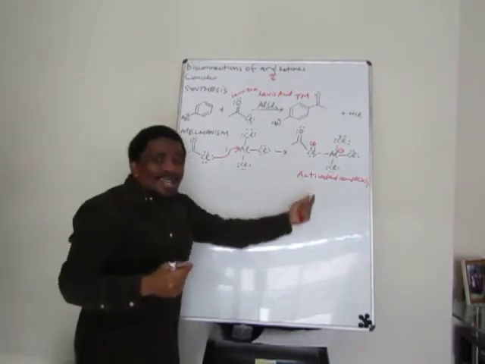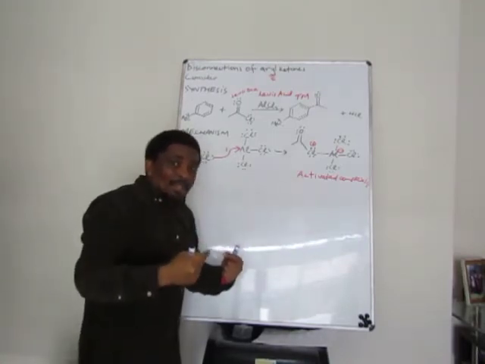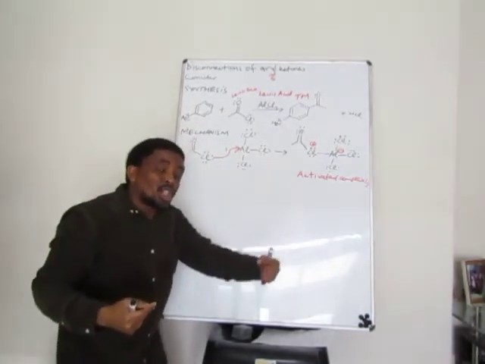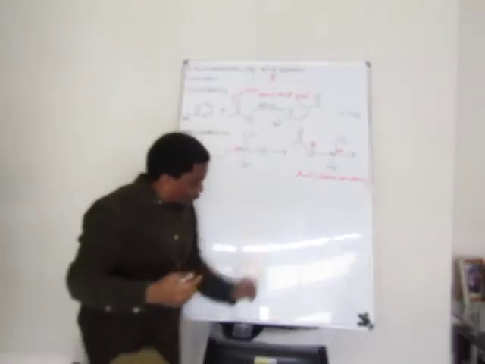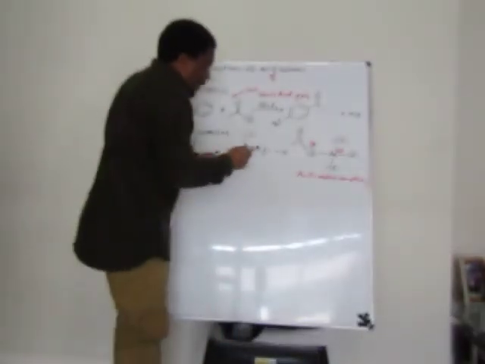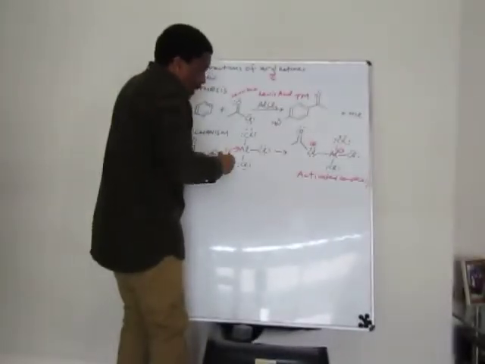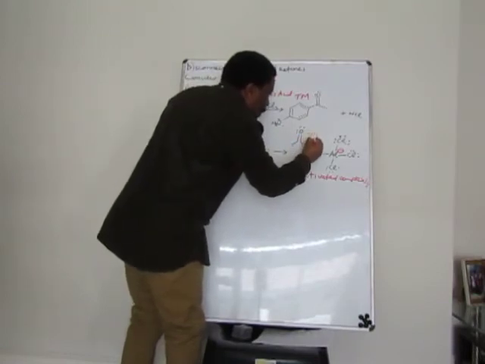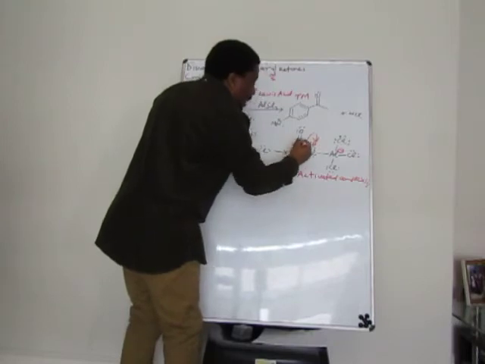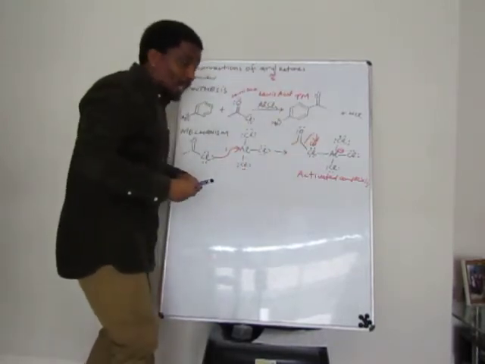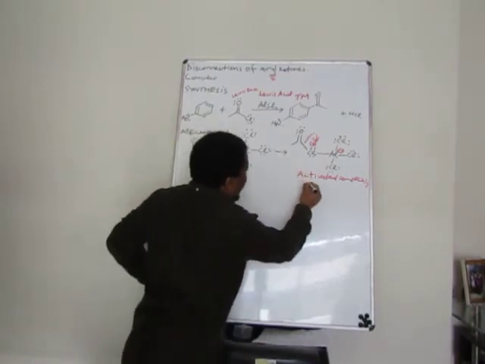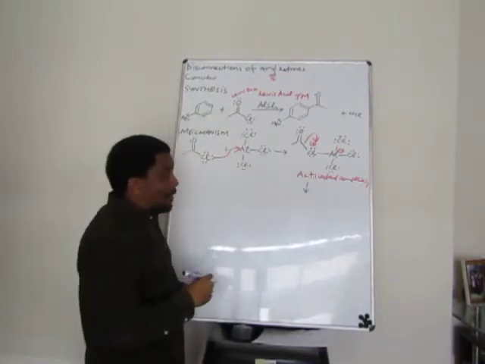Now, it is this activated complex that will yield your very strong electrophile. How will it do that? It's easy. The bond between carbon and chlorine is going to be broken. Because chlorine is positive and more electronegative than carbon, it takes away the bonding pair of electrons that it shared with carbon to generate an acylium ion.